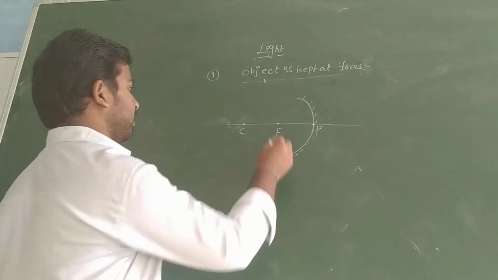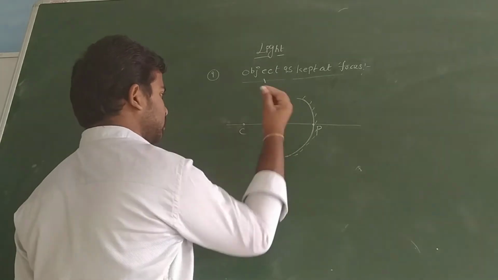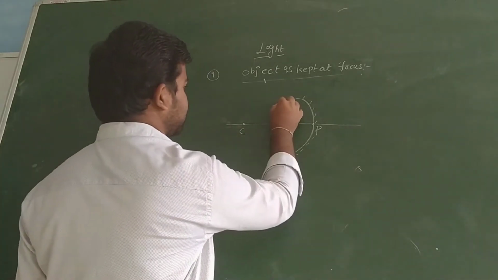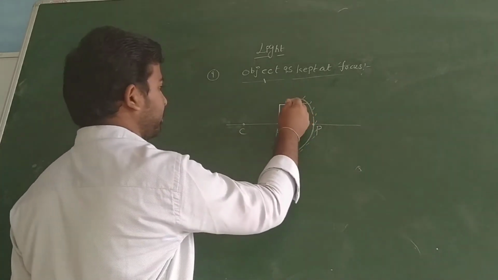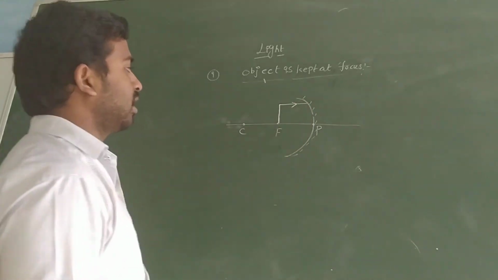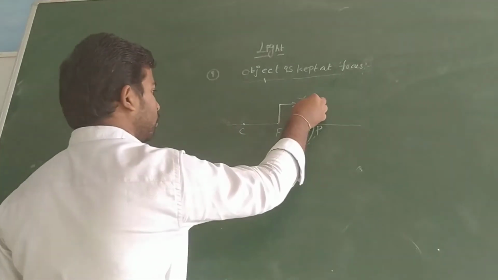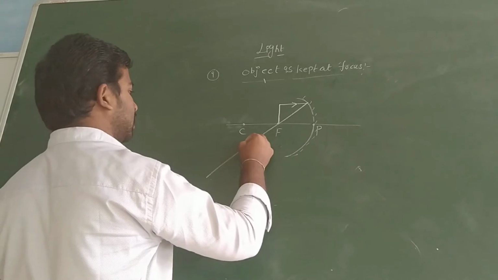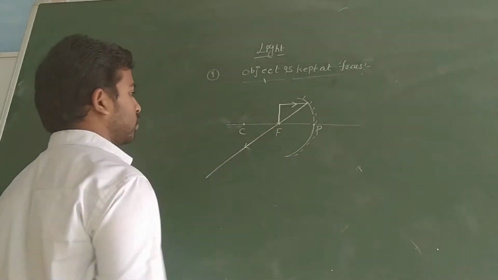Now I am keeping my object at the focus. See, this is the incident light ray. Whenever the incident light ray travels parallel to the principal axis, after reflection it passes through the focus.